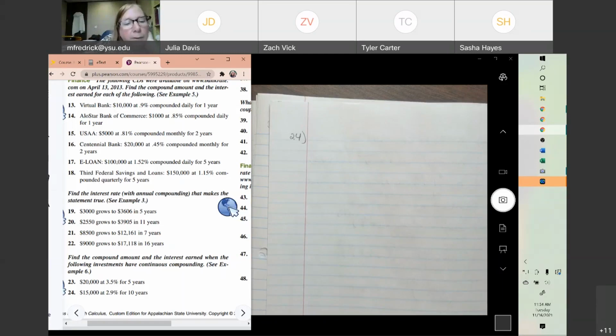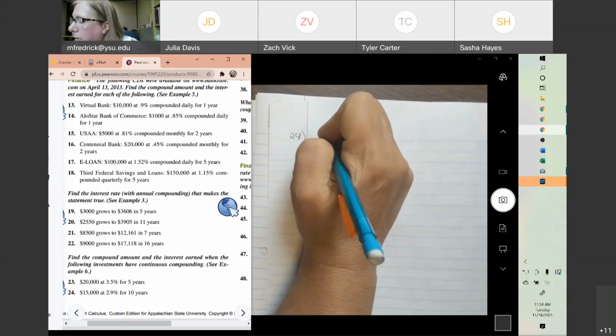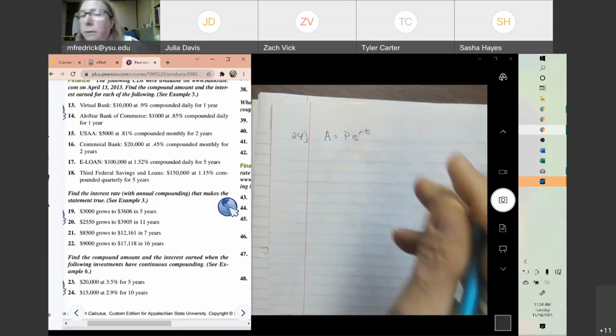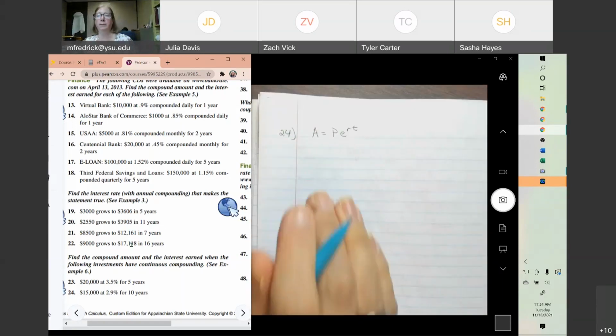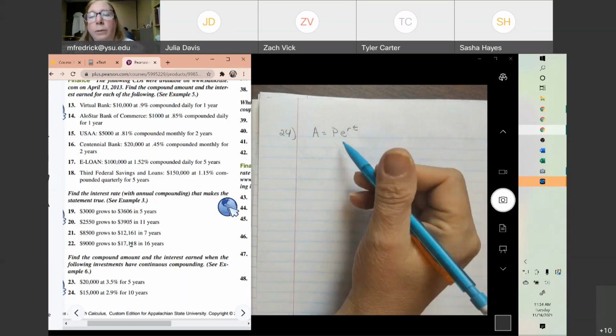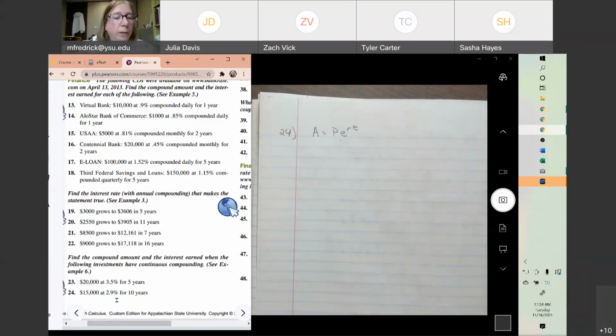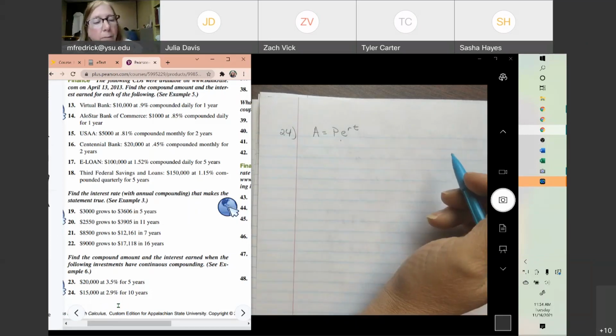You find the compounded amount and the interest earned when the following investments have continuous compounding. Now, when it's continuous compounding, that's A equals P e to the rt. So if it says compounded continuously, we use this formula. And if we look at number 24 at the bottom, compounded amount.